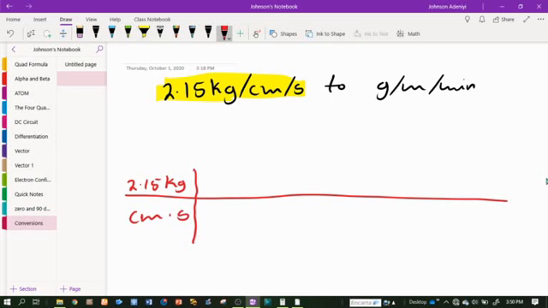So in order to convert to gram per meter per minute, you are converting the kilogram to gram, the centimeter to meter, and the seconds to minutes. You deal with them one at a time. So let's start with the kilogram to gram. You remember your conversion factors, so you write 1 kilogram at the denominator here.